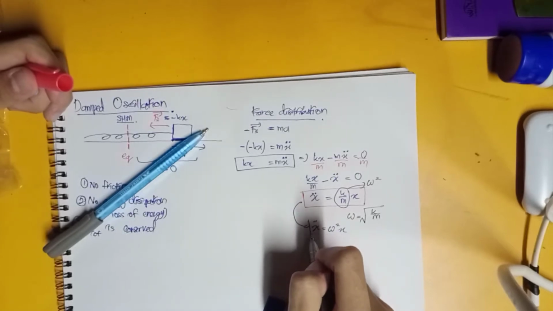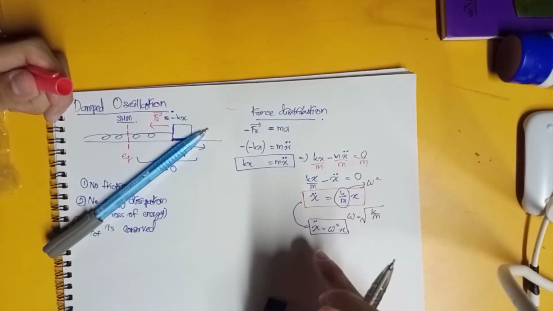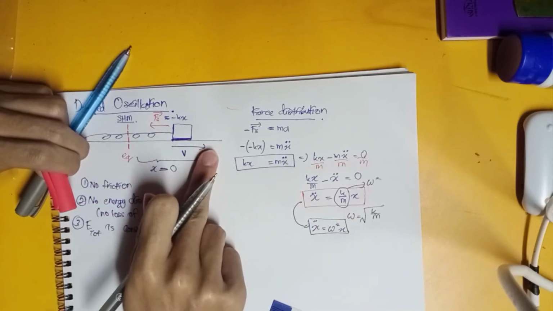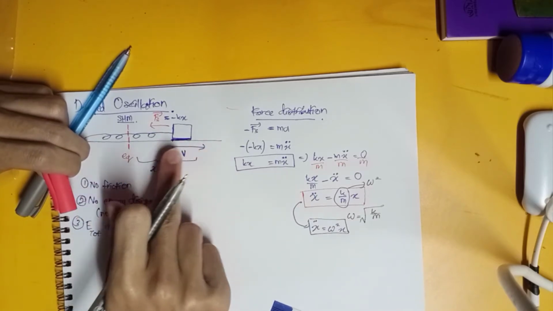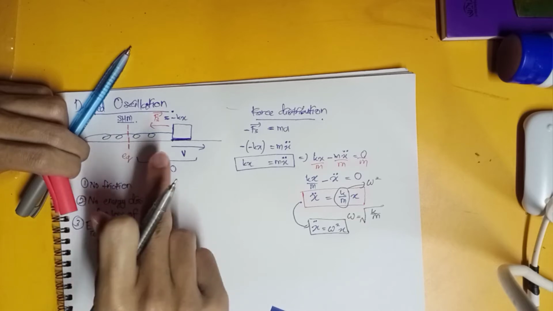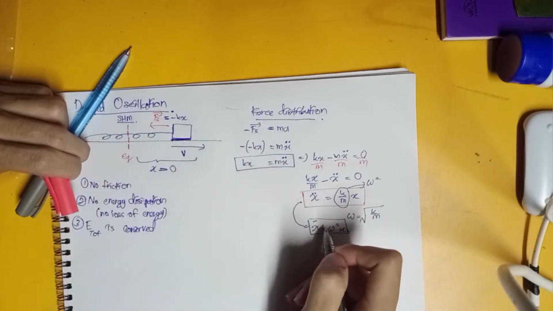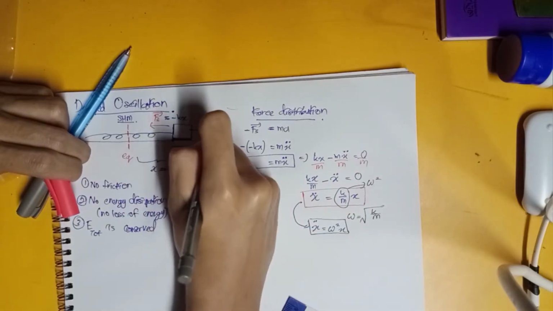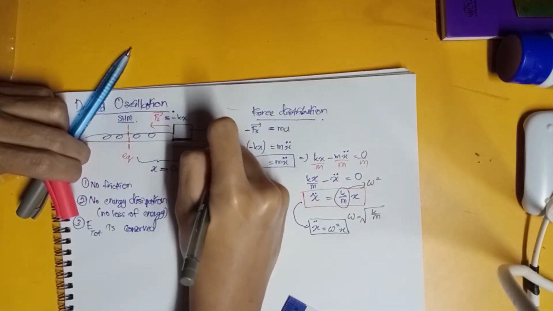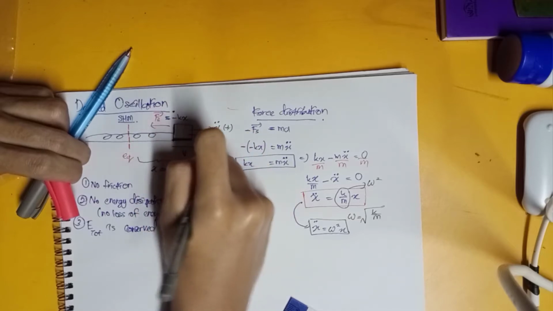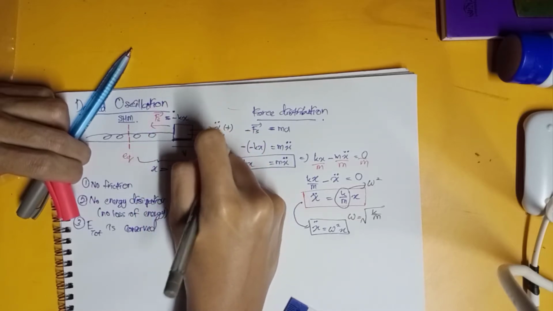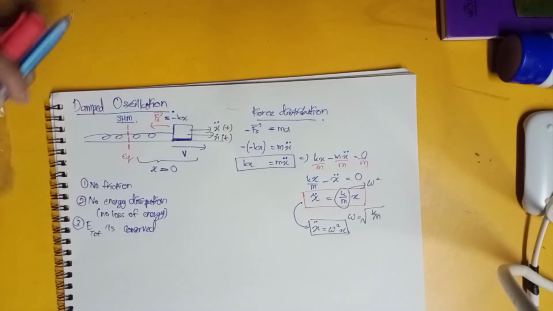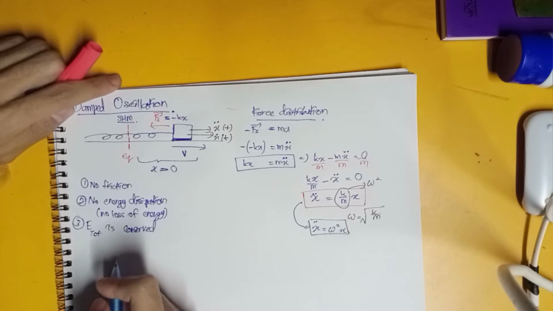Notice that the acceleration of the system is positive because the system is moving to the right, which means the object accelerates to the right. At the same time, the velocity, which is x single dot, is also positive. Pretty simple, right?